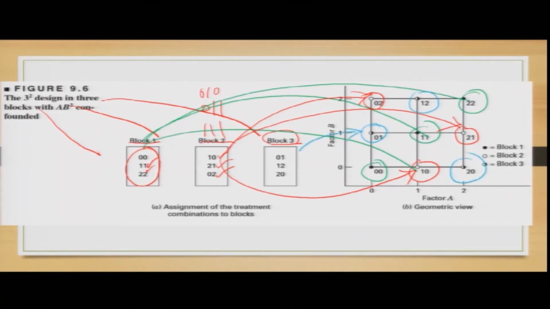So, they are here. I am just trying to draw the arrows in order to depict in which combinations they can be done. It could have been done in other combinations also, the blocks 1 2 3, but this is just a sample set of the calculations we are trying to do.